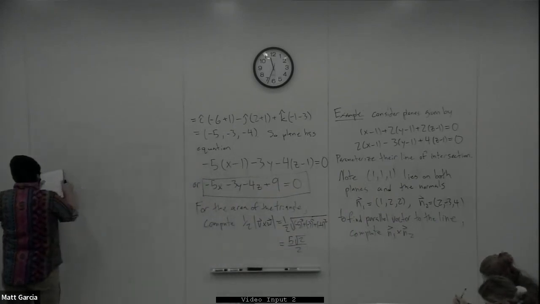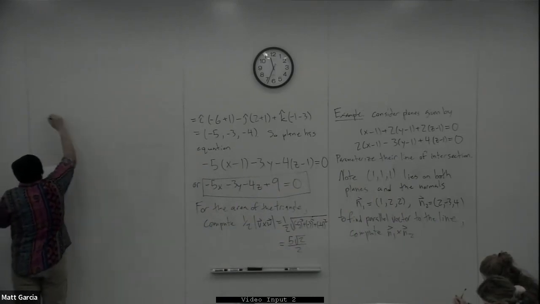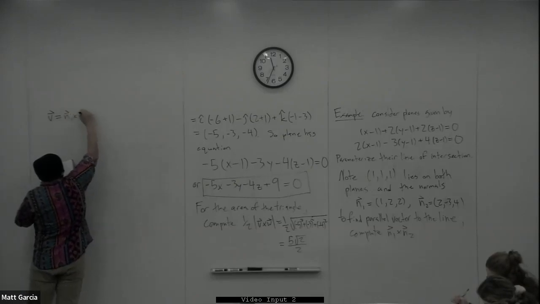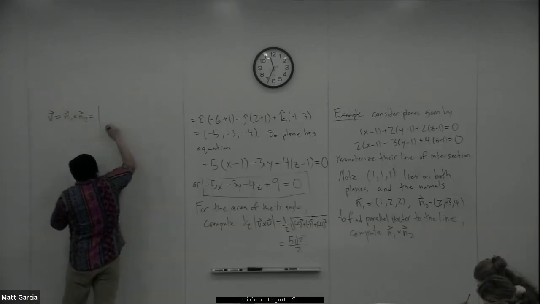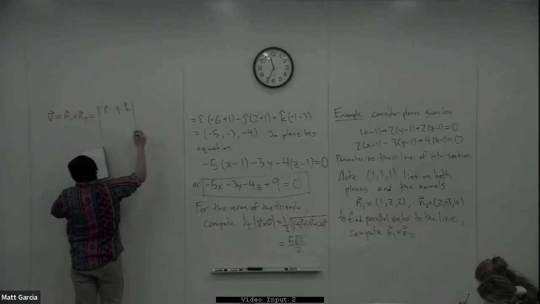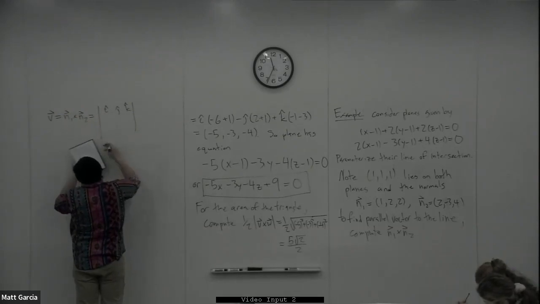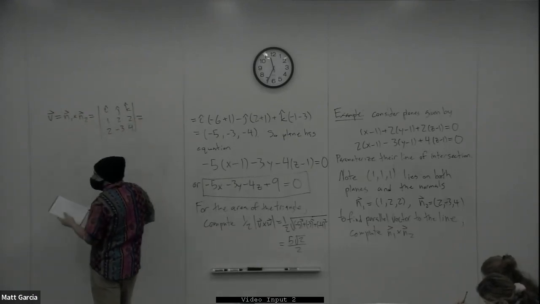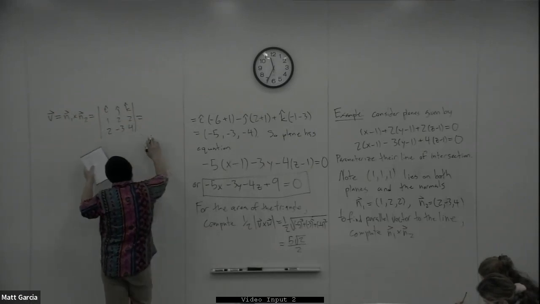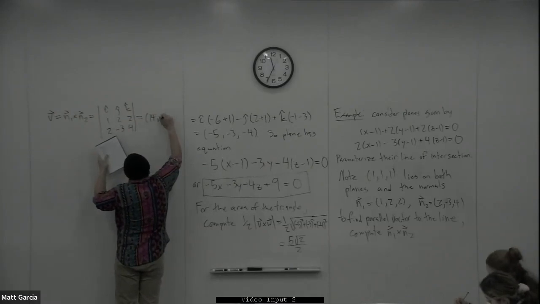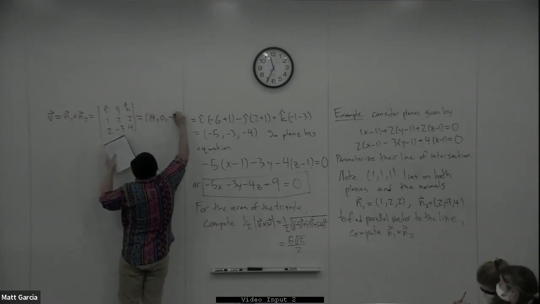N1 cross N2 is equal to the determinant of i, j, k; 1, 2, 2; 2, -3, 4. Since we're almost out of time, I'll let you do this calculation on your own and just tell you what the outcome is. We get (14, 0, -7).